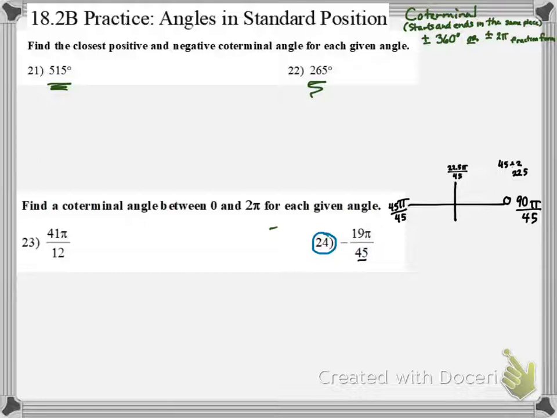I'm going in the negative direction, so I'll call this negative, negative 22.5 pi over 45. I don't know exactly where it is, but it's not that far. So a really, really rough sketch puts it right here.